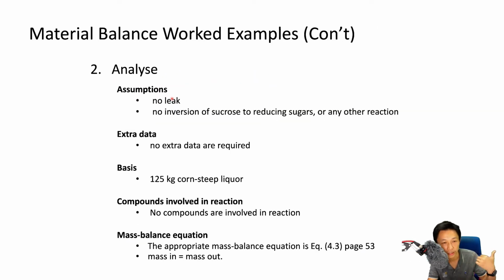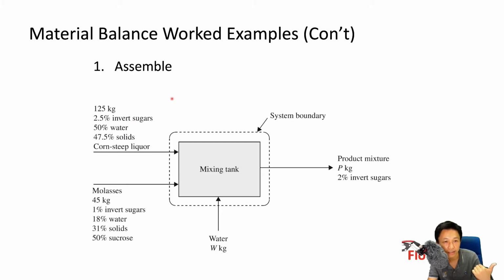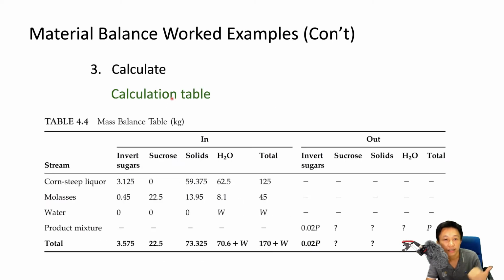Okay, this is your second step: assemble and calculate. Corn steep liquor is your inlet, and this is your outlet, this is your product. The 2% product, P, is the mass flow rate of the outlet. This is your inlet.